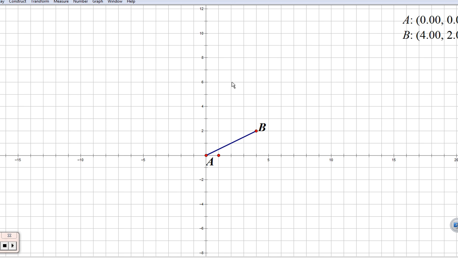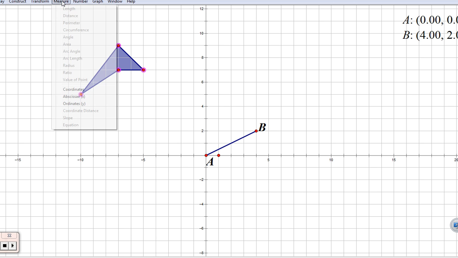Now I'm going to create a polygon on my graph, or rather just some type of object. Doesn't matter specifically what kind it is. And I'm going to measure my coordinates for the vertices or points on that object.